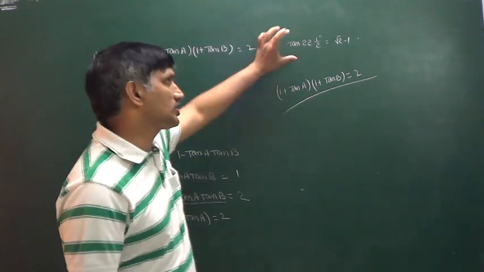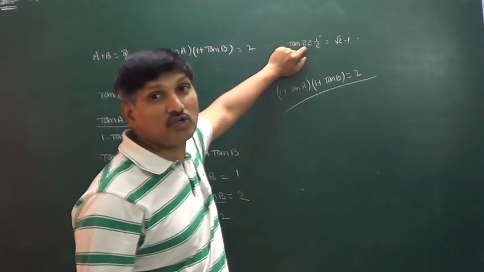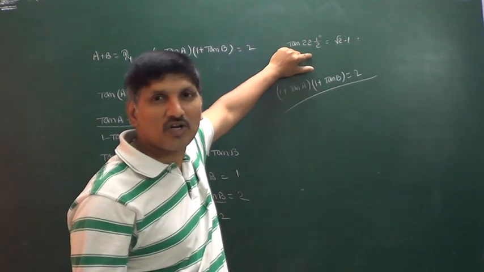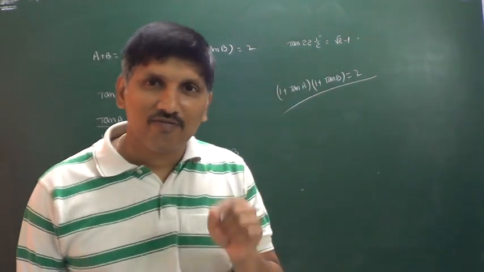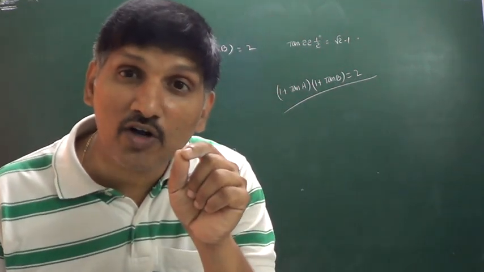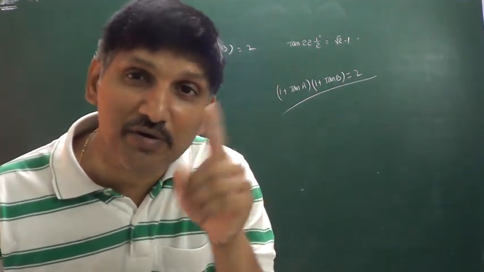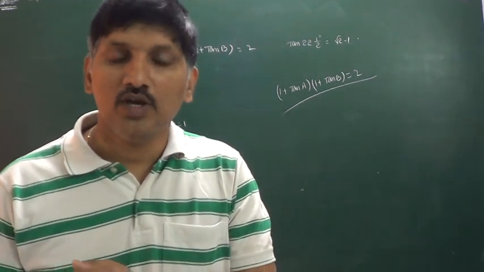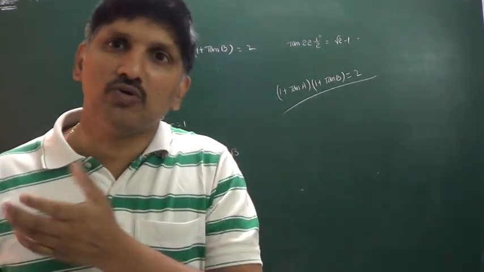Okay, he is asking to find the value of tan 22.5 degrees. 22.5 degrees means half of pi by 4, that is 45 divided by 2, 22.5 degrees.